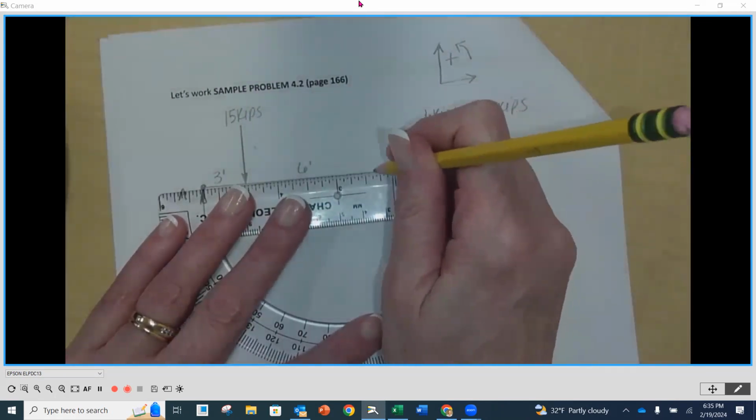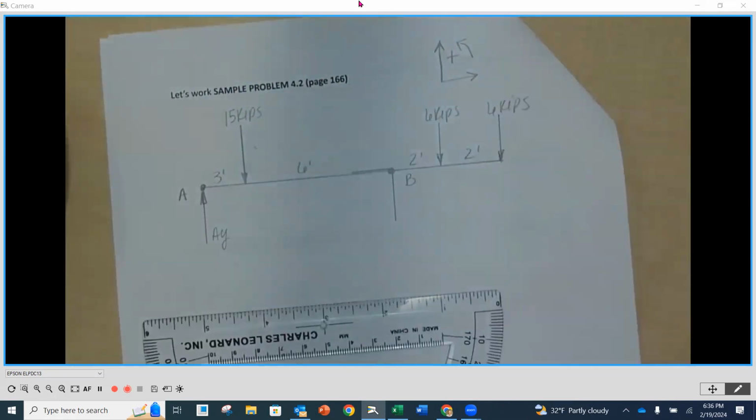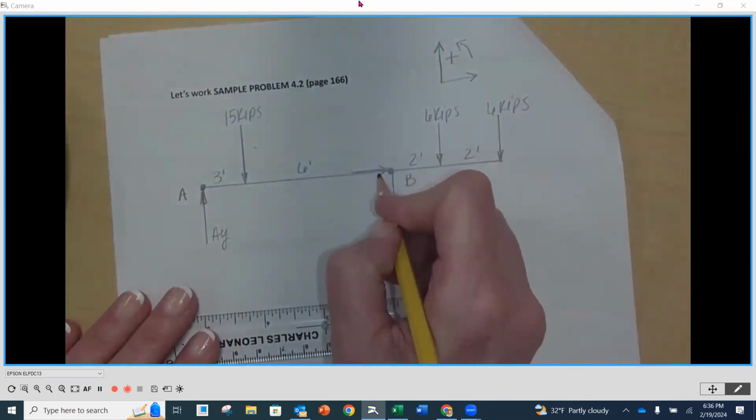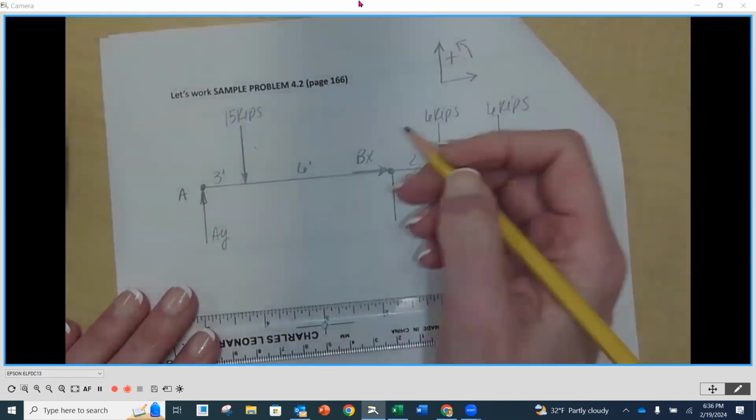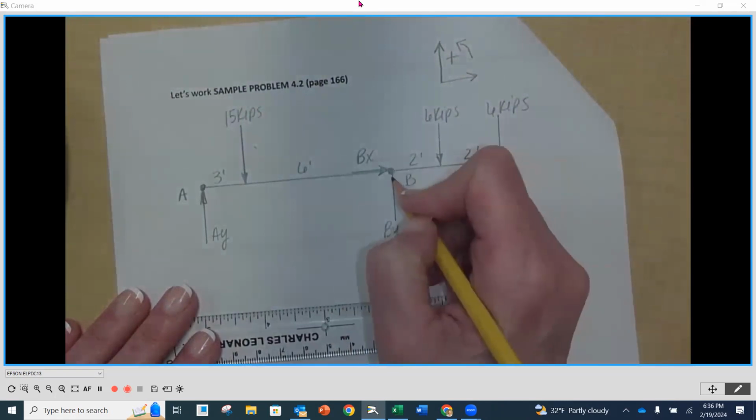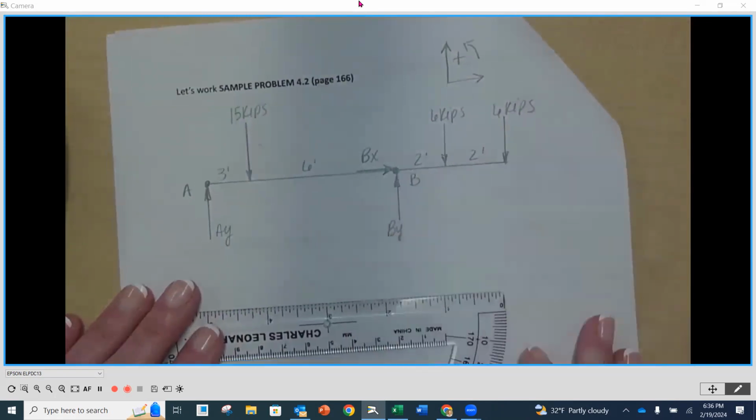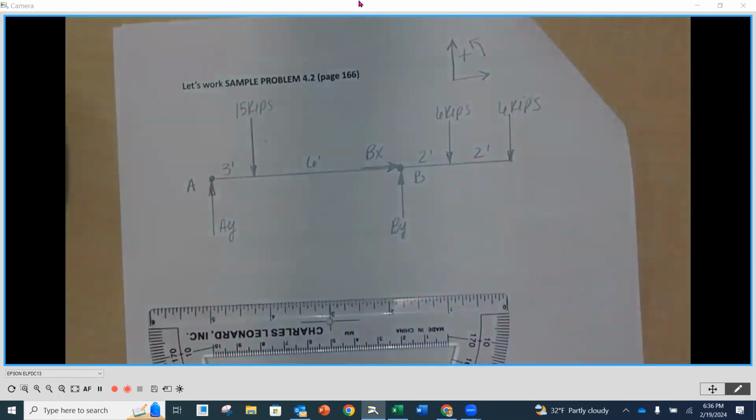I'm going to put it a little bit offset, but it's along the line here. So I'm going to show my BX going to the right, and my BY going up again, just because the other applied loads are going down. But again, if you assume a different direction, just know that you'll confirm or disprove it as your final answer.